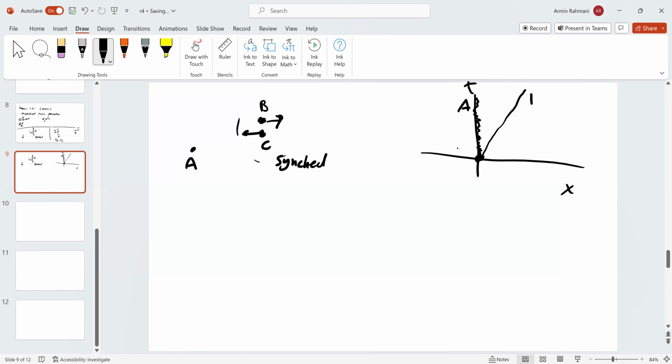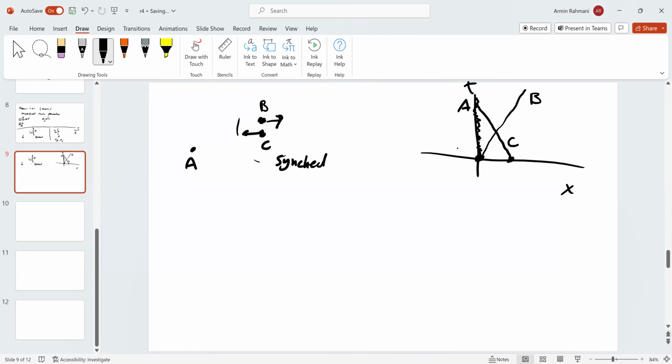So let's say that's B. C is initially somewhere far away, right? Let's say somewhere over here. And then it moves with velocity minus V. So that's going to be like the reflection of this line, something like that. So this would be line C.